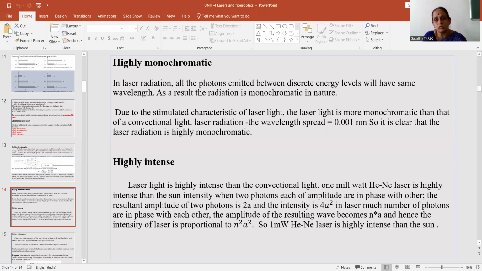When two photons of each amplitude are in phase with each other, the resultant amplitude is doubled in a laser. In that way, we can say that the laser is highly intensified compared to normal light.